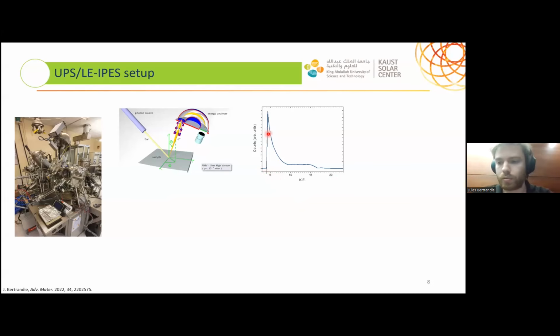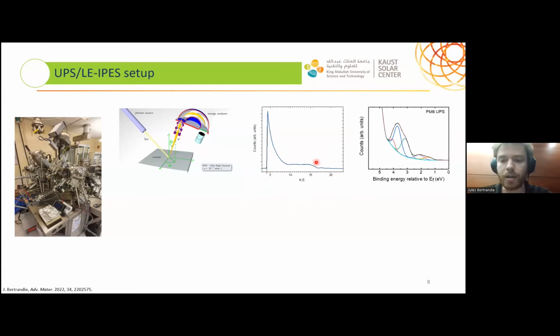To determine the work function, we have a baseline, we have a peak, we take the tangent of this peak, and then we have the onset, which is our work function. For the valence band, we focus a bit more on this region, and you will have this shape.